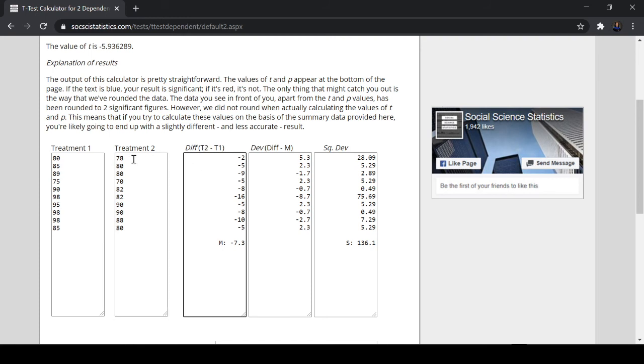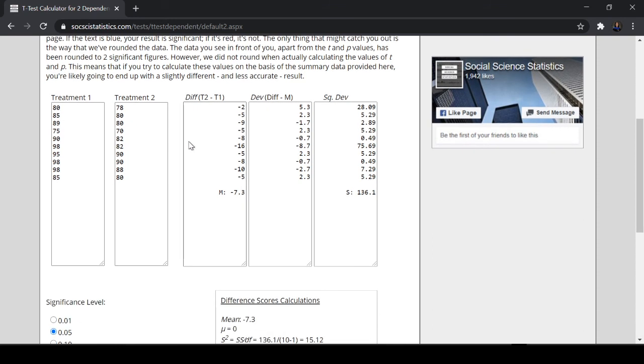So it has treatment 2 first minus treatment 1. Okay, so it depends upon you. You can actually report what set of data you entered first. There are a lot of researches that actually do that, so that it's not confusing. Why is this positive, then on the calculator that I use it's negative? So you can report what values you entered first.